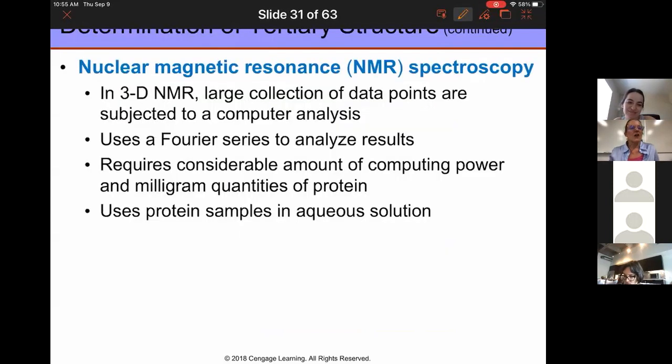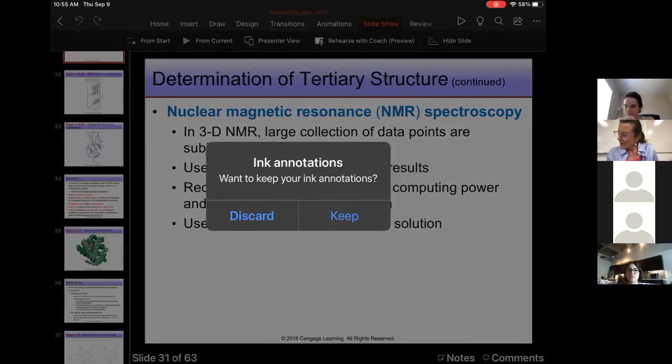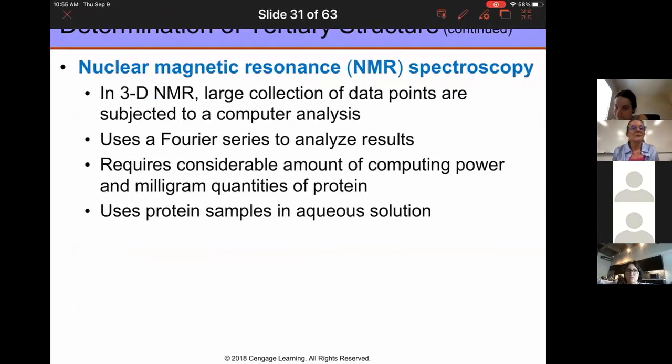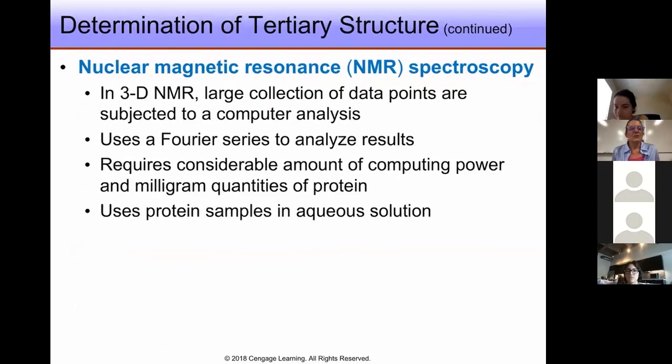And then the other method for determining, sorry, you can't see the top, structure of proteins is NMR spectroscopy. That was my specialty. It's not as efficient as X-ray crystallography, but we're better able to change conditions.